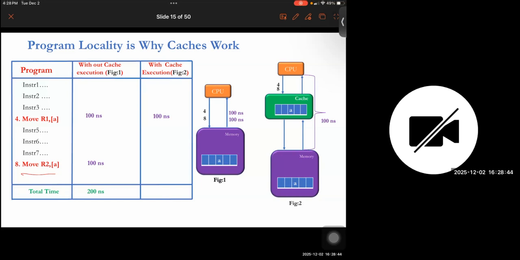We are assuming here this is an L2 cache, so the latency is 10 nanoseconds. So that is executed in 10 nanoseconds.